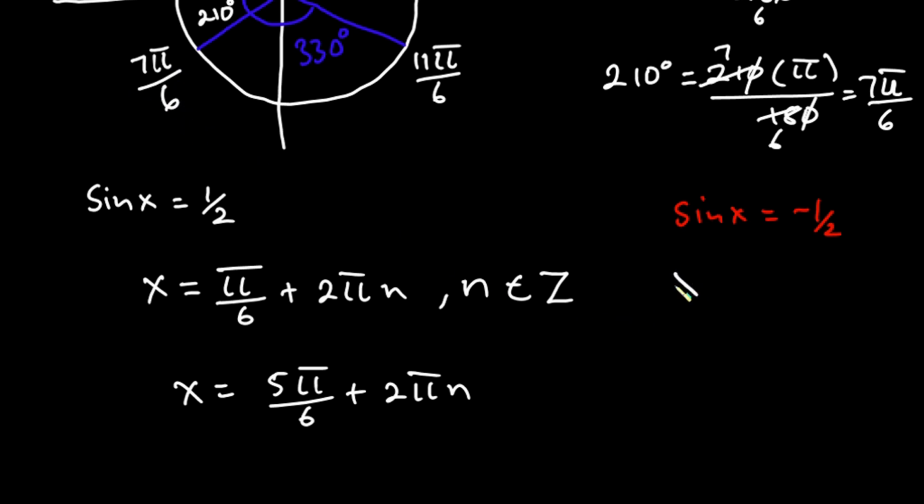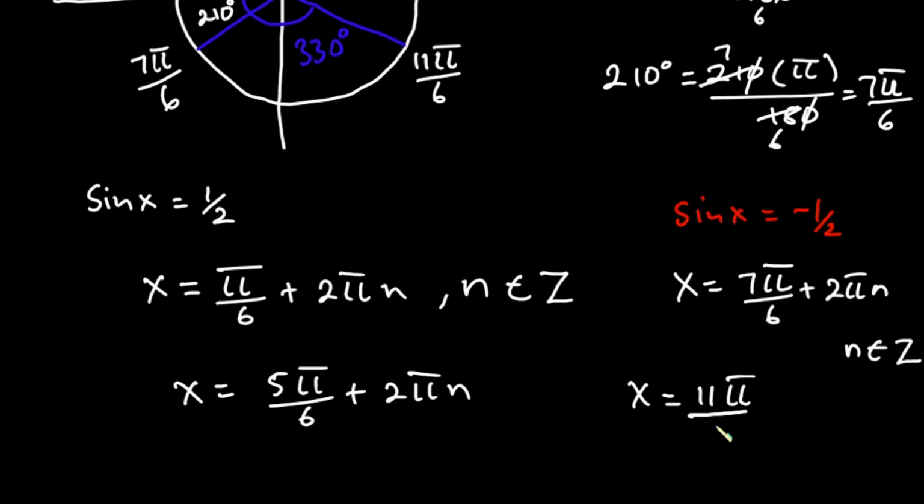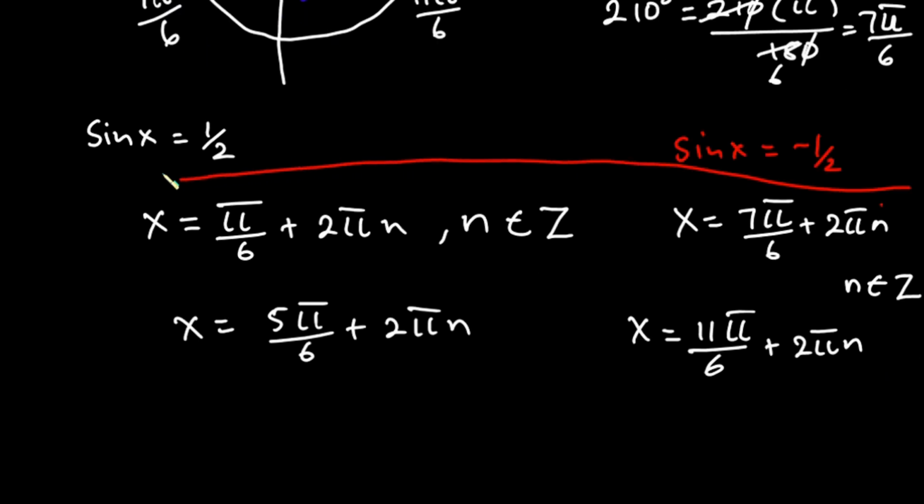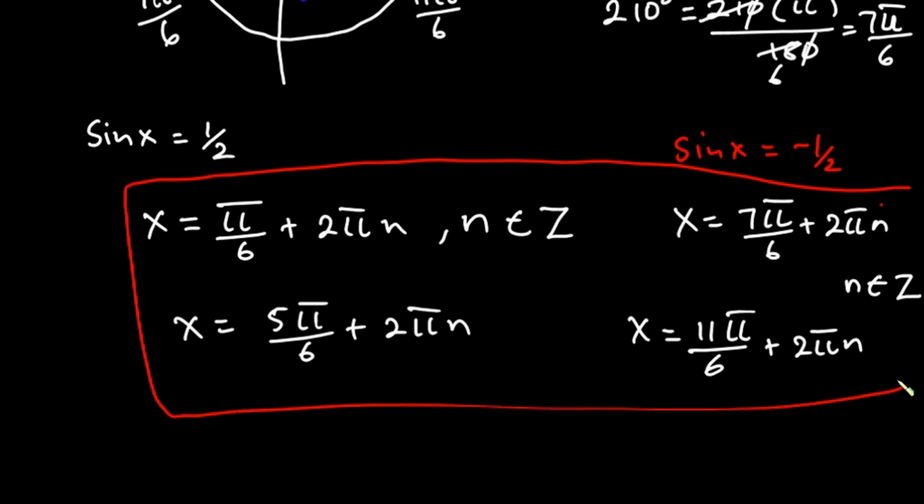So the value of x is going to be 7 pi over 6 plus 2 pi n, where n belongs to integer. Then the last one, we're going to have x is equal to 11 pi over 6 plus 2 pi n, where n belongs to an integer. These are also the values of x when sine x is equal to plus or minus 1/2.